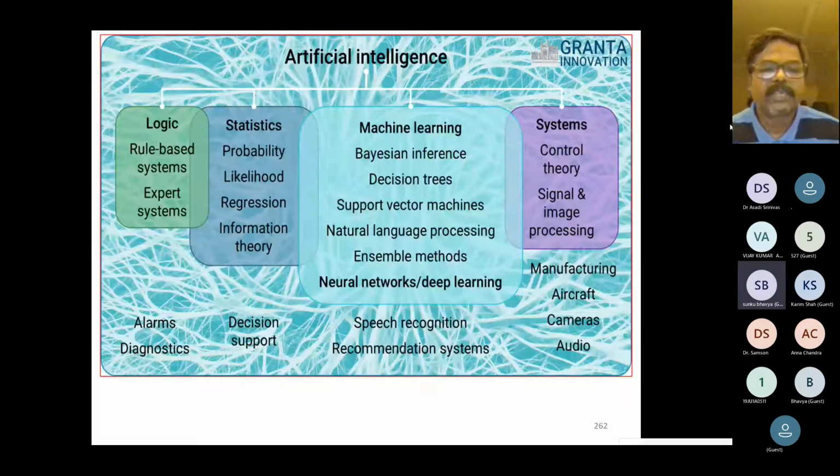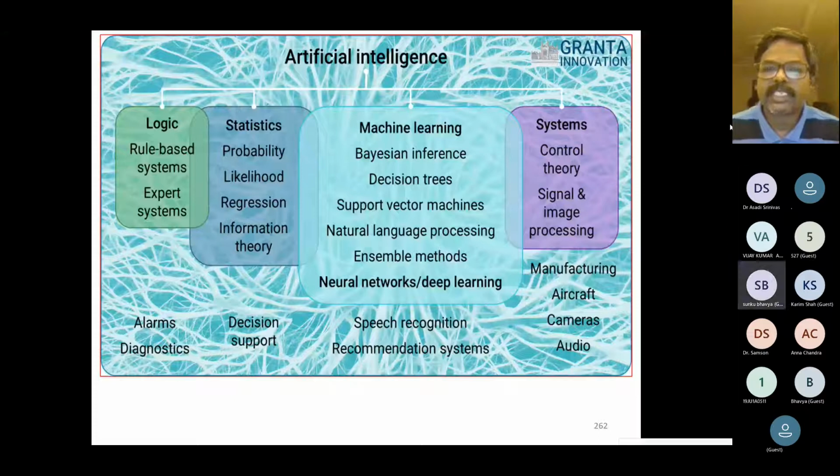In statistics, we are using probability, likelihood, regression, information theory. In machine learning, we are using Bayesian inference, decision trees, support vector machines, natural language processing, ensemble methods, neural networks, and deep learning. And in systems, control theory, signal and image processing.